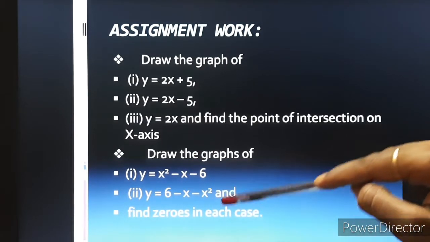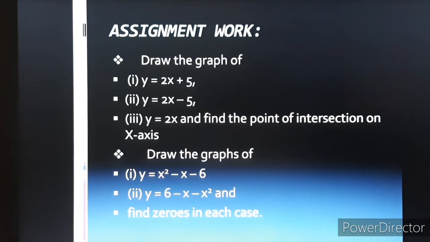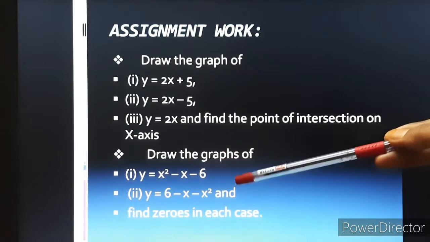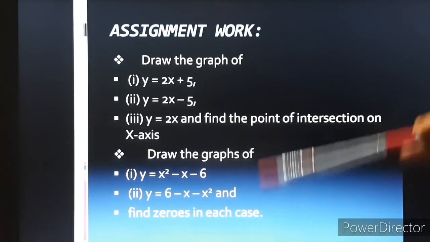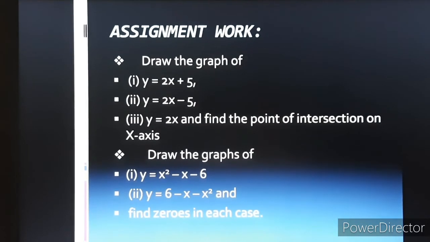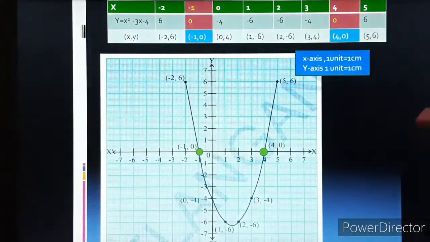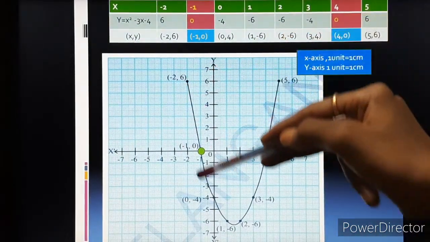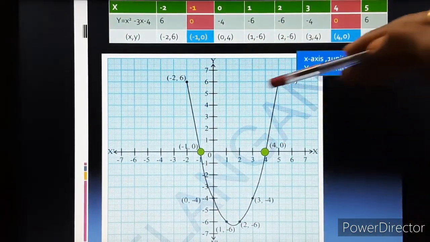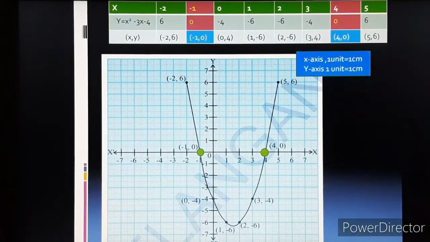It means the parabola opens downwards, right? So in these two cases you have to find out the zeros and do the homework. I hope all of you understood well in this class. Draw the graph, take a graph paper and draw it on your own, then only it will be understood very easily, right? Thank you to all.